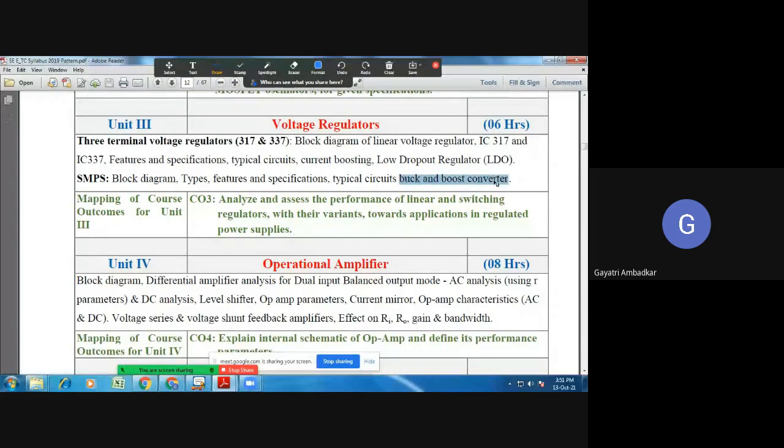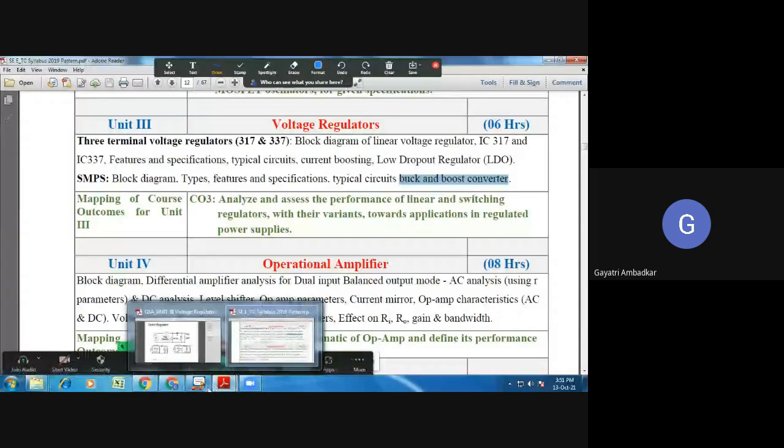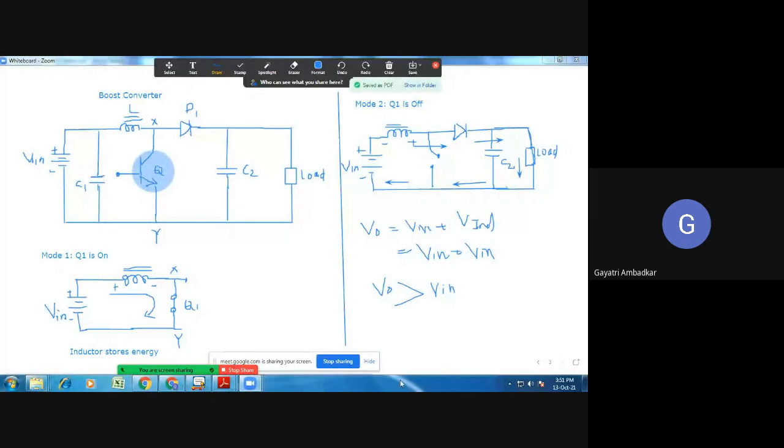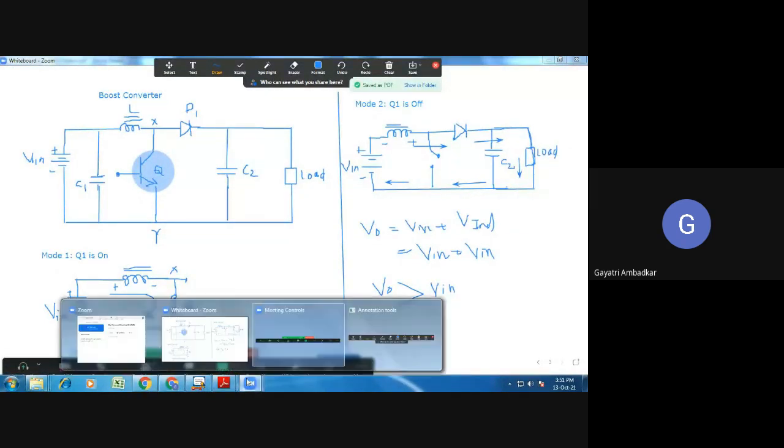Buck and boost converter we have studied. So this is about SMPS, switch mode power supply.